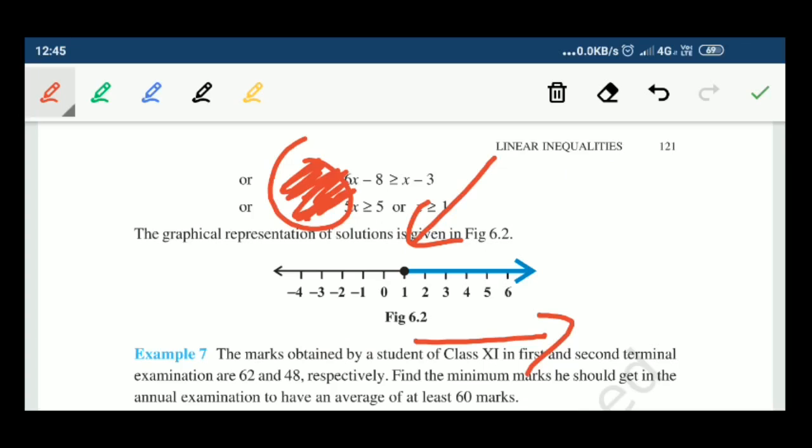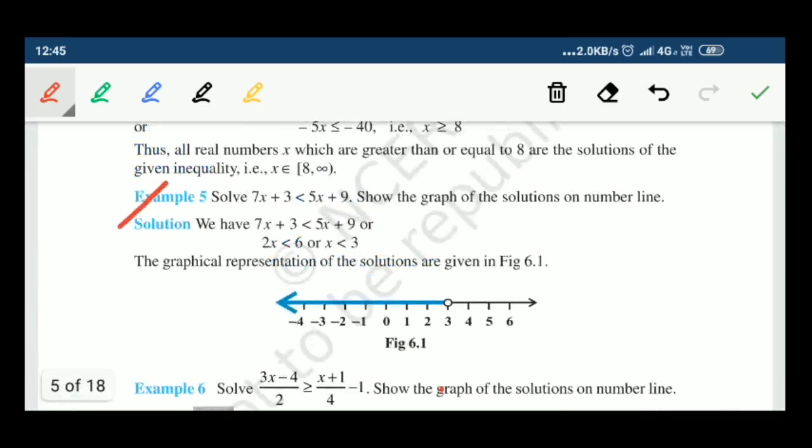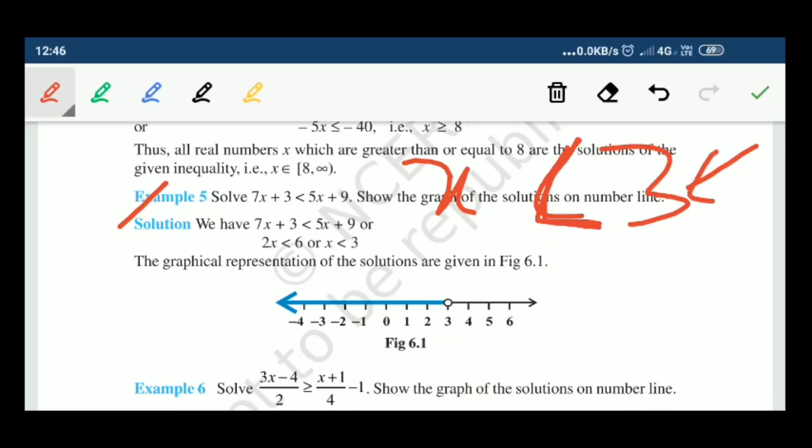And in the previous question, you have seen what the value of x was. See the previous example. Here x is less than 3. So it means 3 is not included, because they have used the strict sign. We will not include 3 here. That's why when they drew the circle here, they have not shaded it.